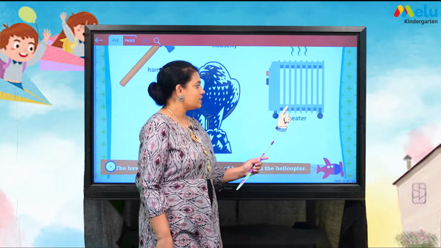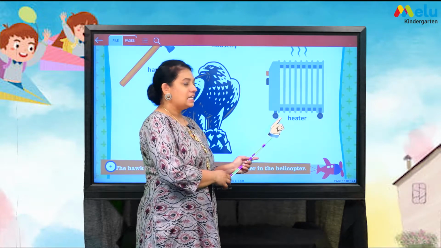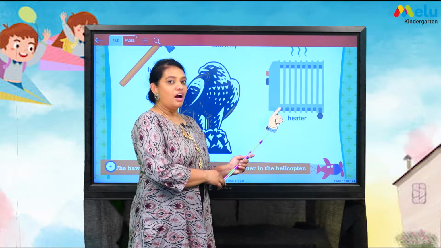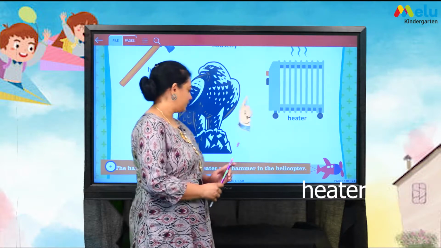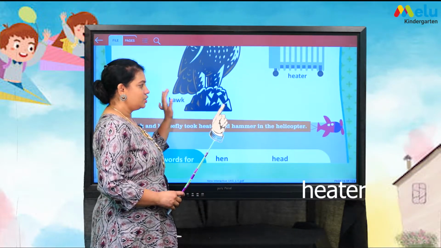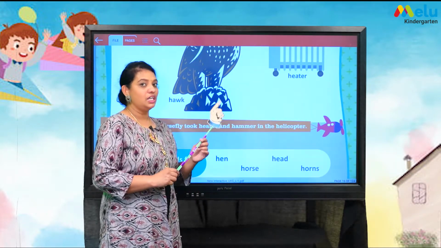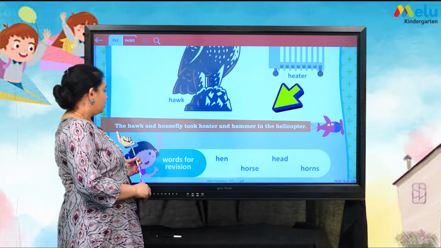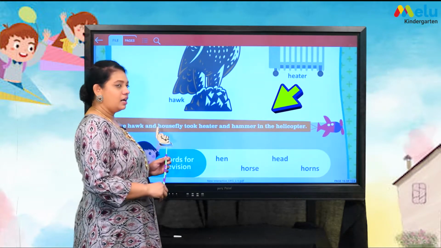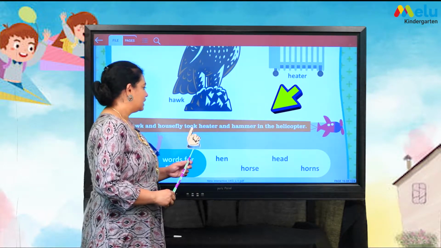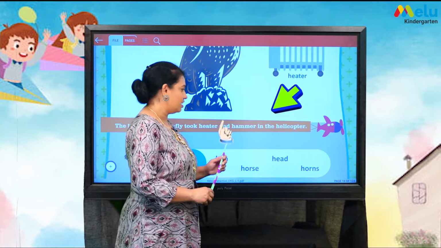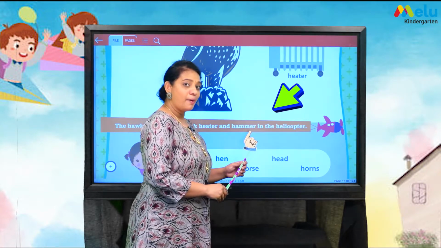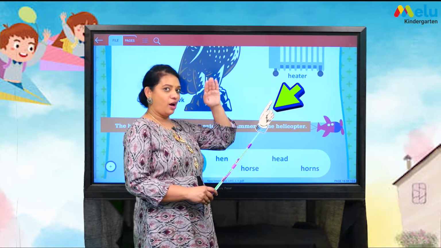And what is this? It is heater. Heater. And there is an interesting sentence using all the 4 words. Let us see it. The hawk and housefly took heater and hammer in the helicopter.